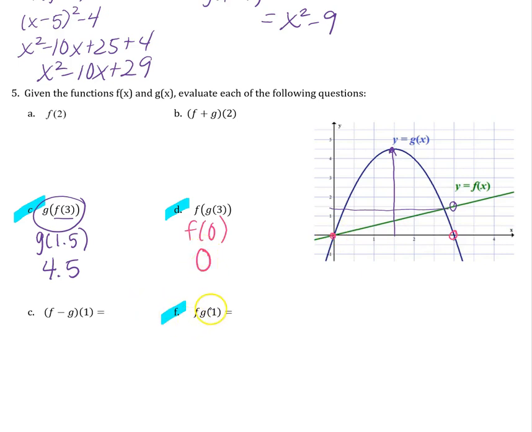Okay, so now look at E. The notation here is f of 1 times g of 1. So if I look at my graph, if I go to 1, go up to the g function, it's going to be 4. And if I look at the f function, I'm at 0.5, or 1/2. 1/2 times 4 is 2.